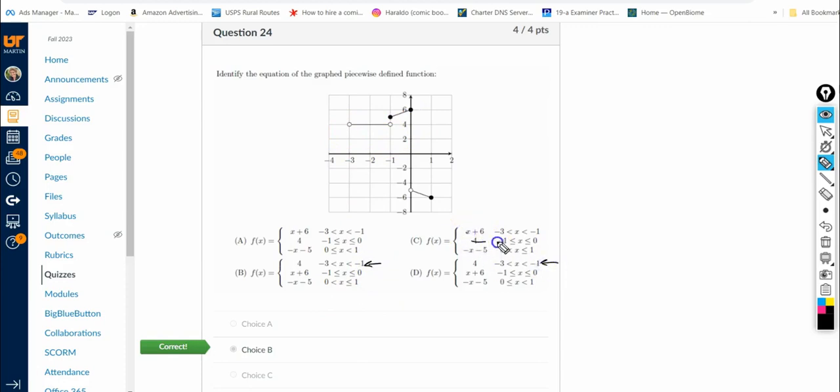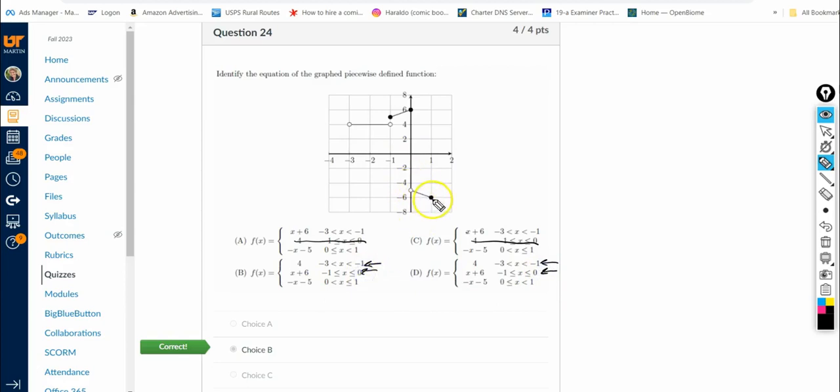But that's not the right section. Then for this part, it's a line and its slope is positive, so the number times x has to be a positive number. And we include both endpoints. So we have inclusion on both endpoints, so it's in between negative 1 and 0, and these were actually the same.